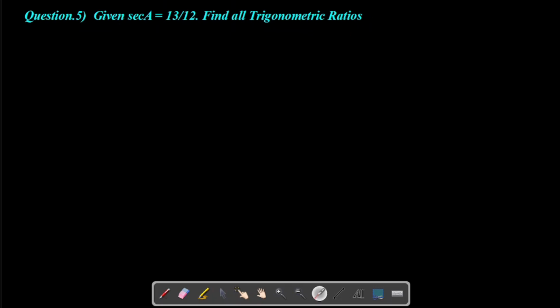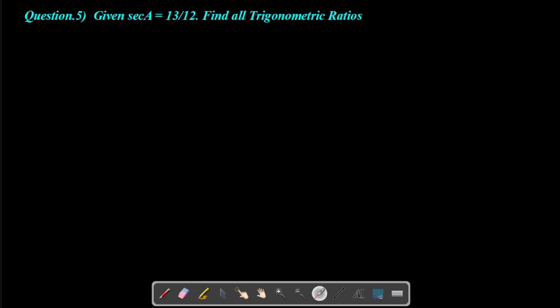Here we have been given the value of one trigonometric ratio, sec A equals 13 upon 12, and we have to find the other 5 trigonometric ratios, which are sine, cos, tan, cot, and cosec. For finding the ratios, we first have to find the values of all three sides of a right angle triangle.